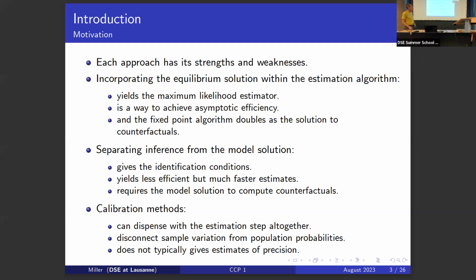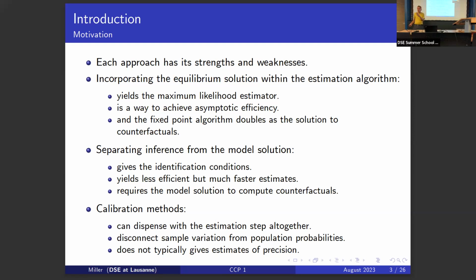Incorporating the equilibrium solution within the estimation algorithm gives you the maximum likelihood estimator, because you've got the distribution coming from the equilibrium. That is handing you where the maximum likelihood is going to come from, at least in principle. Therefore, it's a way of getting asymptotic efficiency.